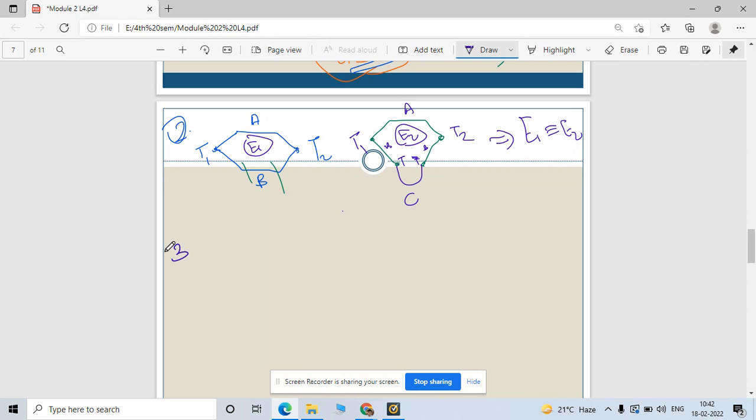and third is the same: if these metals are cut at one end and coupled with different metals.